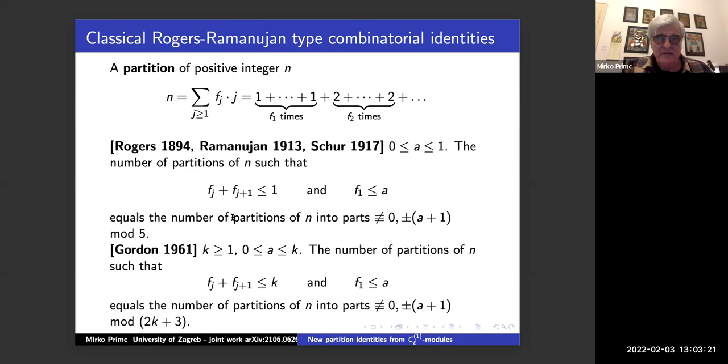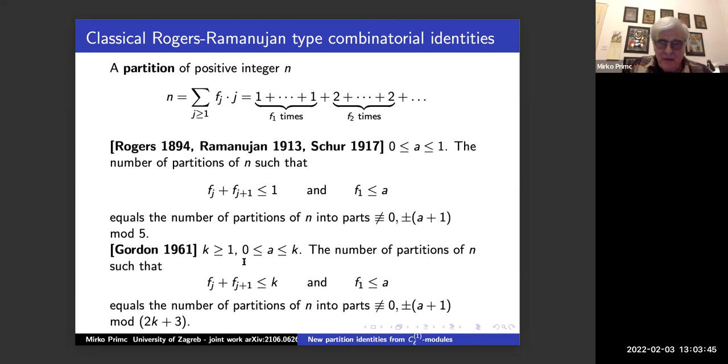Gordon has generalized the Rogers-Ramanujan partitions for any k greater or equal to 1 and a between 0 and k. And here, it is partitions satisfying difference conditions and initial conditions that equal the number of partitions whose parts satisfy some congruence condition.